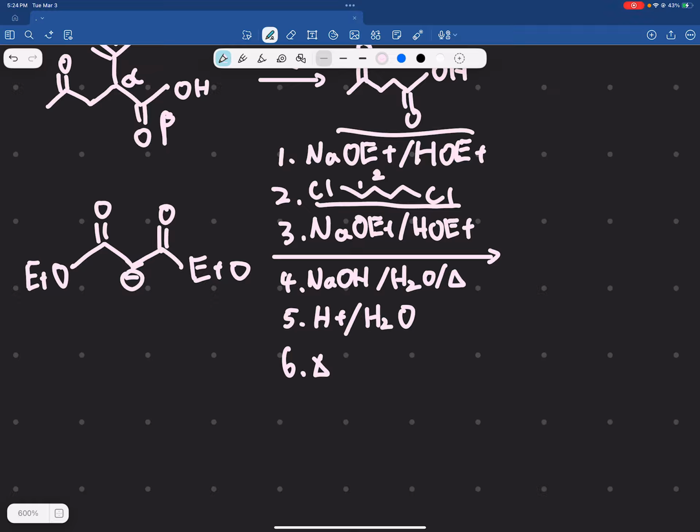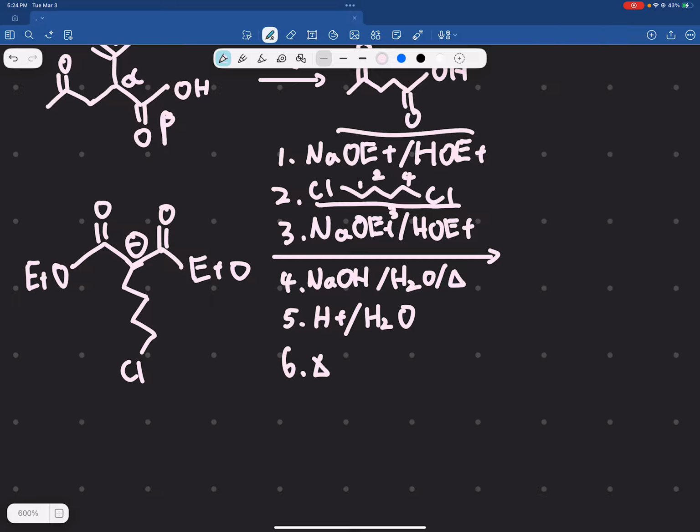So an SN2 reaction is going to add on to the carbon there with the negative charge, to form this product with this thing we just added dangling down. And step 3 is going to generate another negative charge on this alpha carbon.